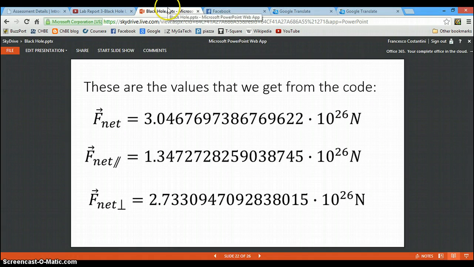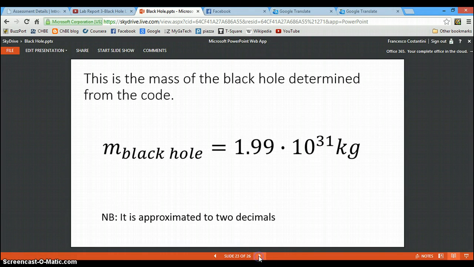These are the values obtained for the net force, the yellow arrow in the program, for the parallel component of the net force, the black arrow, and the perpendicular component, the blue arrow. The mass of the black hole is circa 1.99 times 10 to the 31st kilograms.